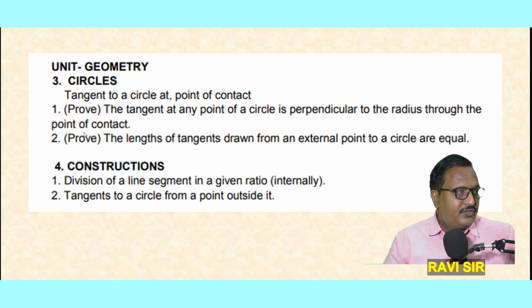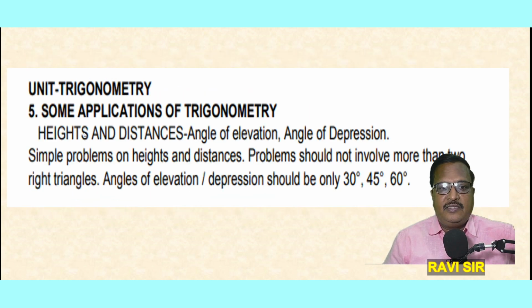Okay, so the next one is trigonometry. Trigonometry is divided into 2 parts. In term 1, one part is already over. The second part is only the applications part, heights and distances, the angle of elevation, depression, etc., related to only 3 angles: 30 degrees, 45 degrees and 60 degrees.